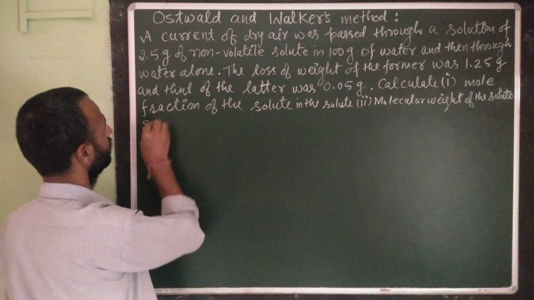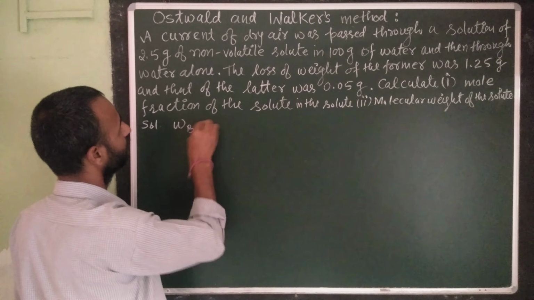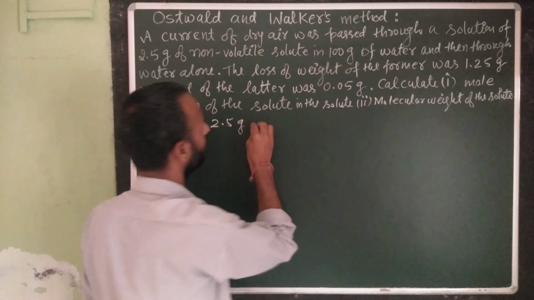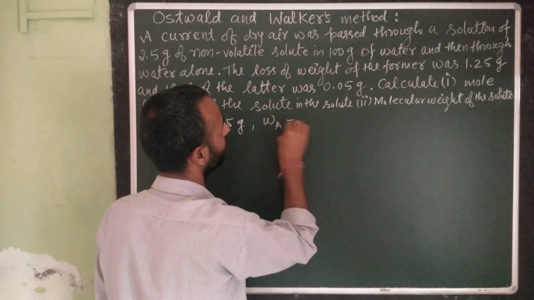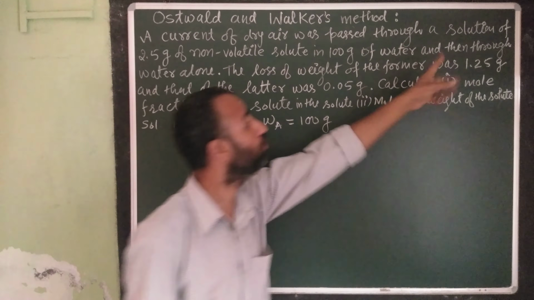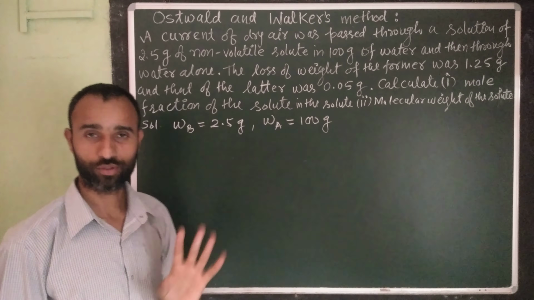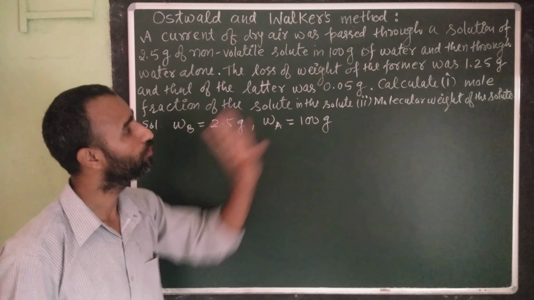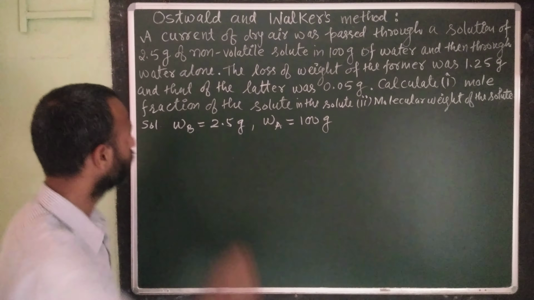That means WB is 2.5 gram in 100 gram of water, and then through water alone. First this is the solution, and then through pure water.